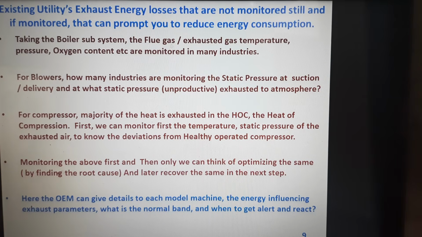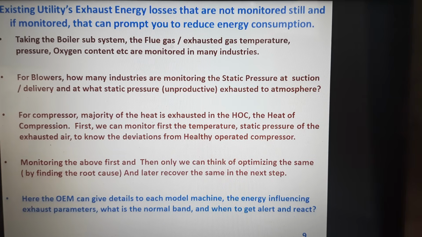So here the OEM can give the band for each model or each machine, what is the pressure band or what is the temperature band that can happen at the exhaust of the compressor hood, so that we can monitor it, and definitely we see to it that the compressor is healthy, is maintained sustainably over years as such.